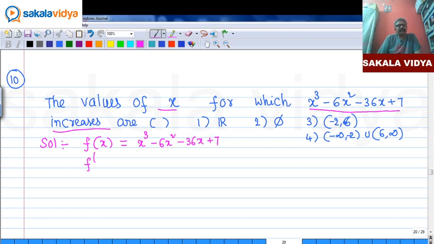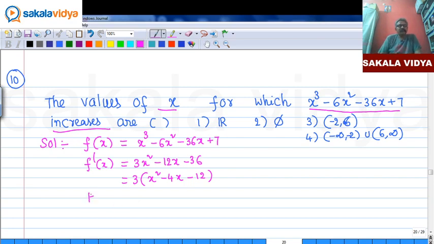Find f dash x. X cube differentiation is 3x square, this is minus 12x minus 36, 3 common, x square minus 4x minus 12.